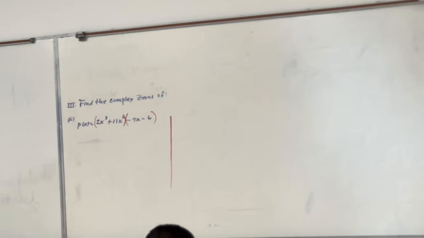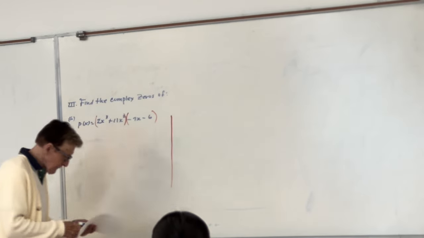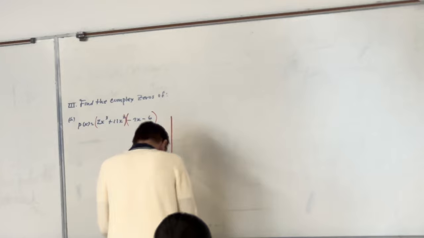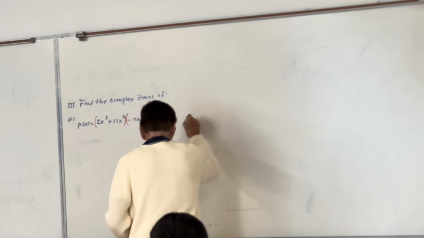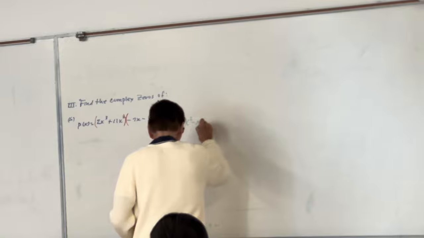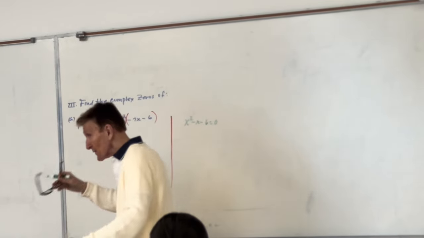Looks like this. On the side, and we'll get back to this, if you were given, and I'll show you what I'm doing here, this polynomial function, this trinomial, set equals 0, and they ask you to find the zeros.